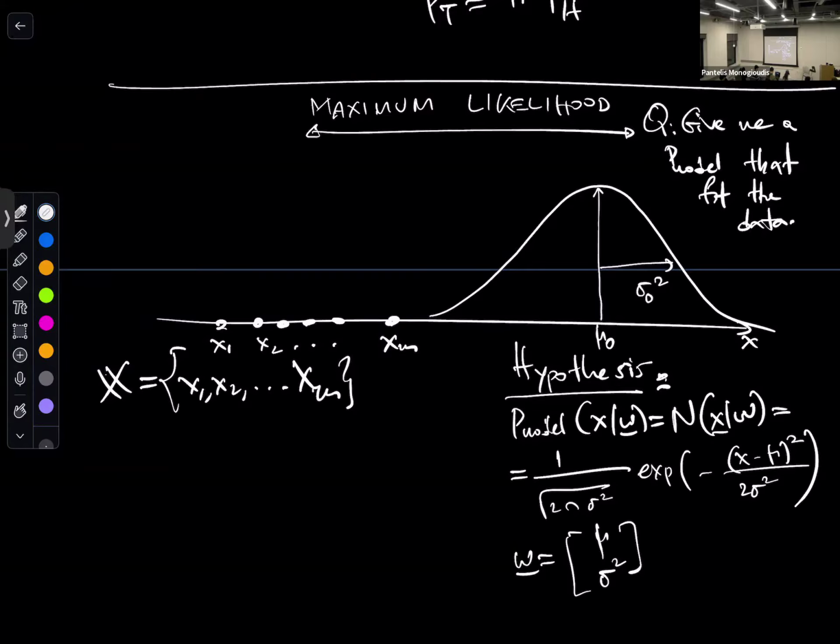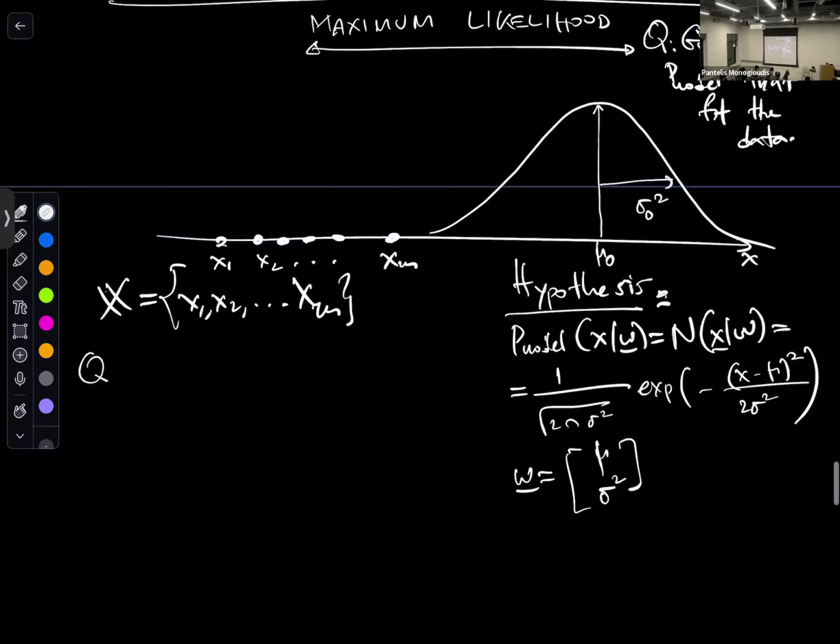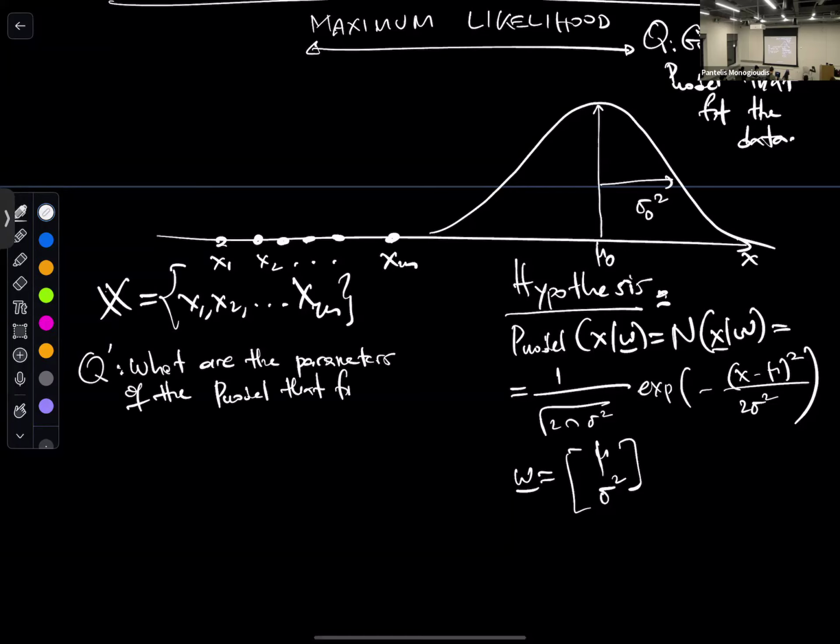So the question became Q prime: what are the parameters of the P model that fit the data? The parameters do not fit the data, the hypothesis fits the data. Right?